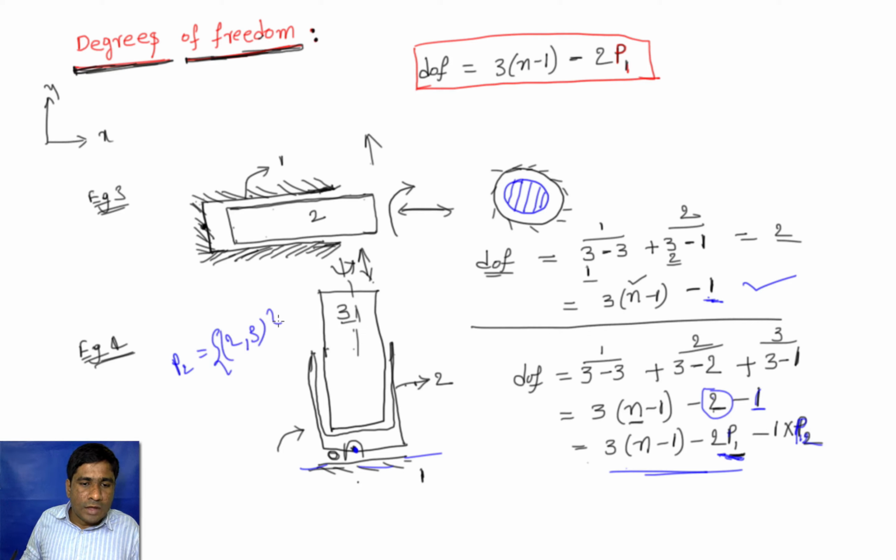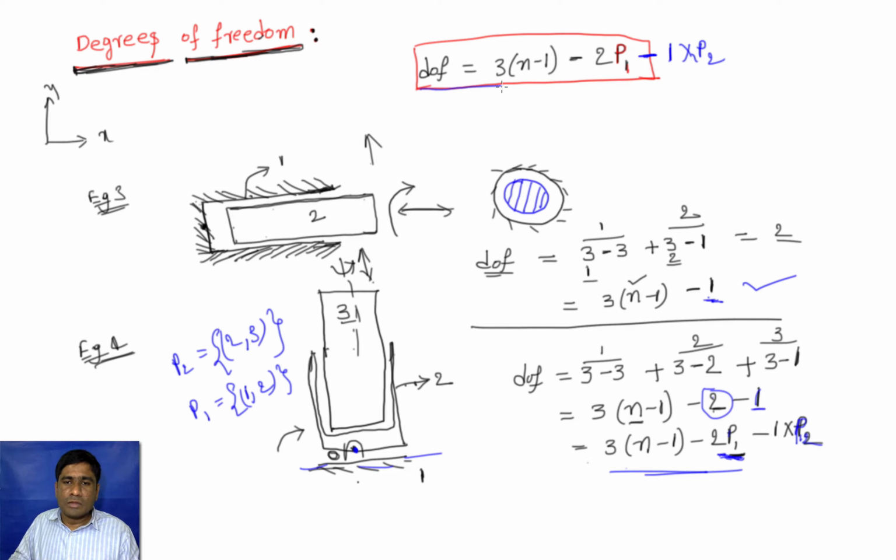These two links are having degrees of freedom 2, and what is the p1 in this case? P1 equal to only 1 and 2. That is, links 1 and 2, body 1 and 2, have degrees of freedom 1 between them. So finally we can insert one more term here, 1 into p2, where p2 is the number of pairs having degrees of freedom 2. So this is the final formula that we have already seen at the starting of this chapter.